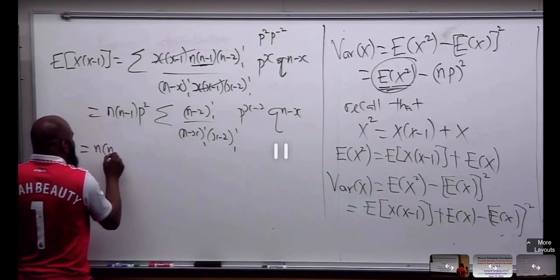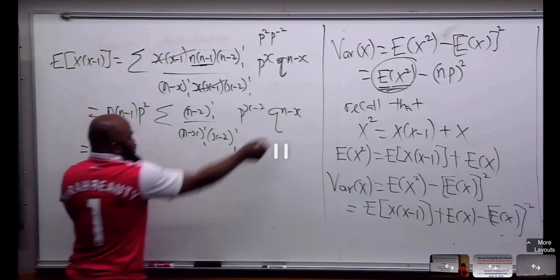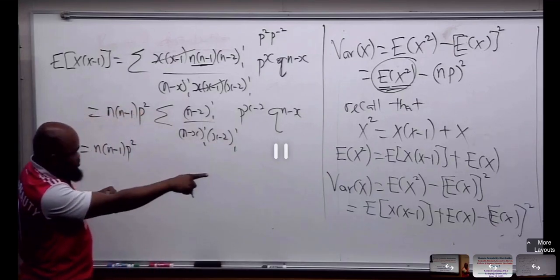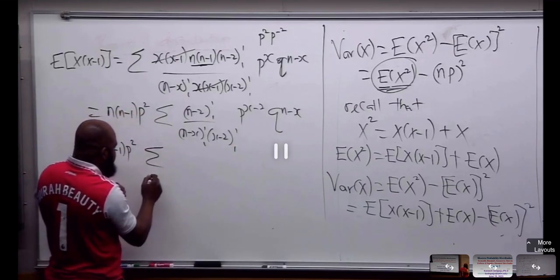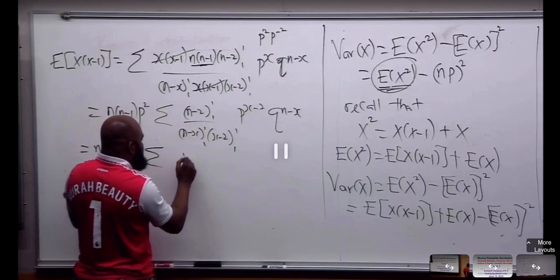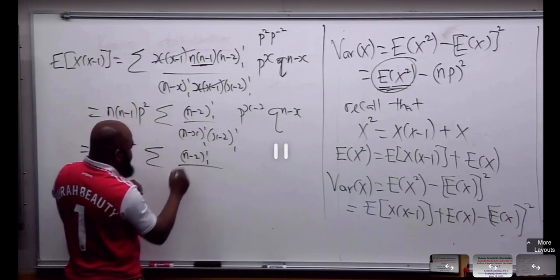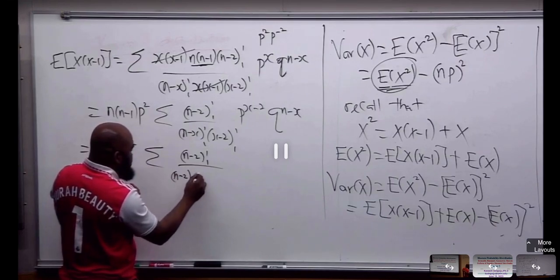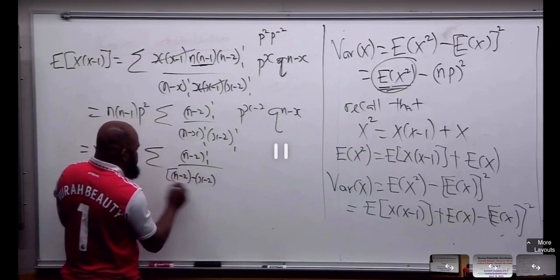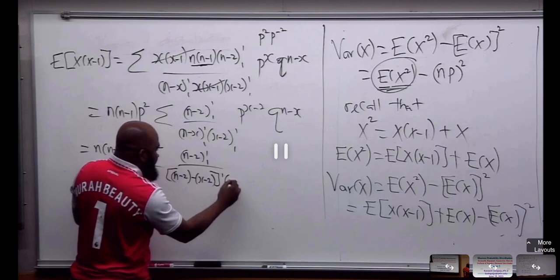So right here, okay, if you follow what I did the other time, okay, here, n minus 2 factorial. So this minus this is this guy. So n minus 2 minus X minus 2 factorial is this guy.